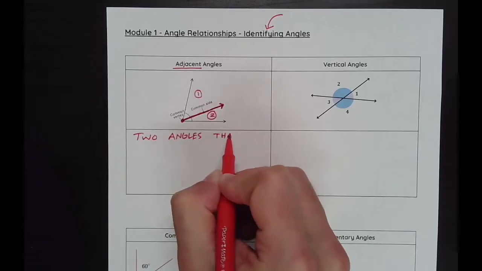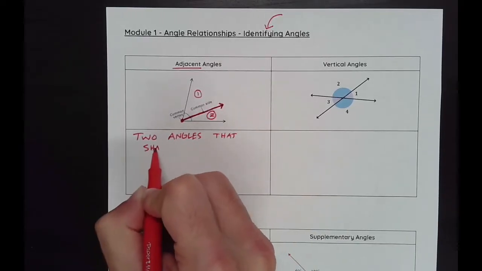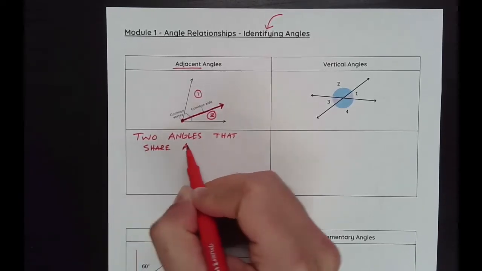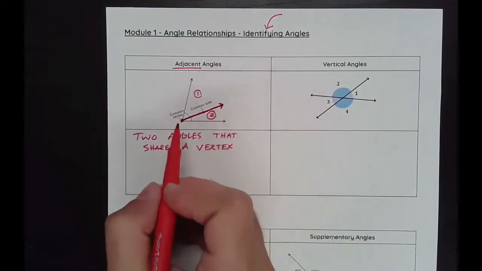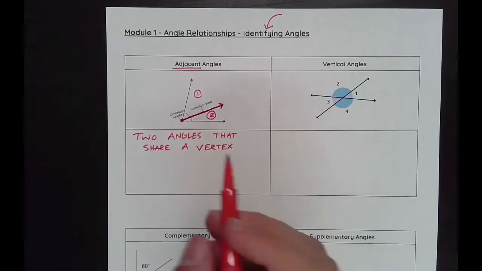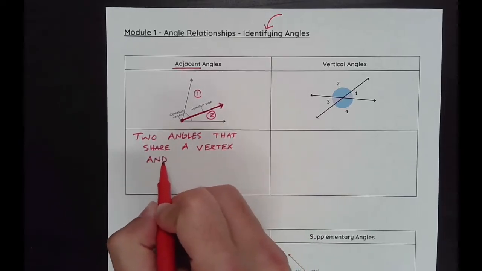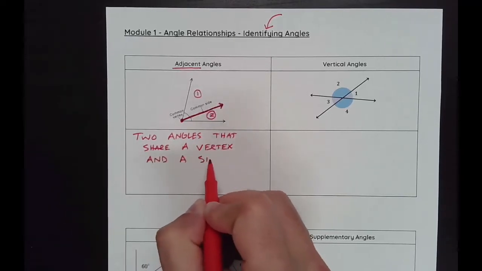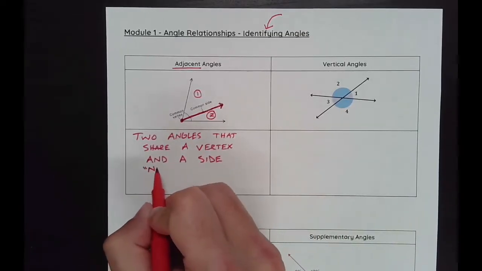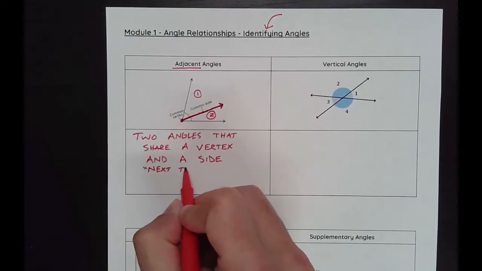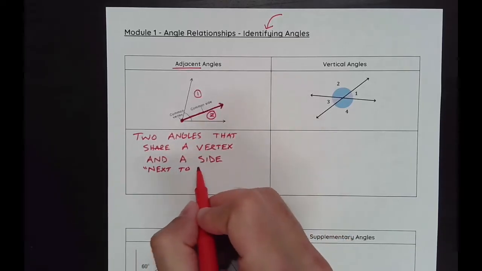So adjacent angles would be two angles that share a vertex, so that's referring to this point here, and a side. We like to think of them as right next to each other.